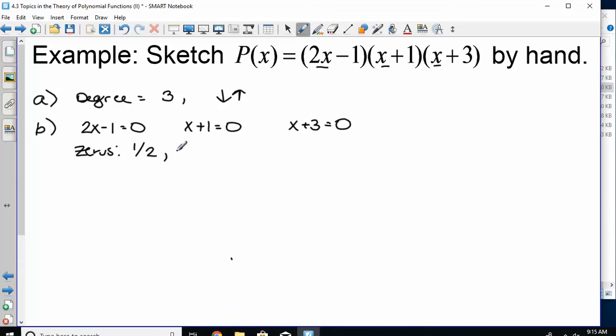If x plus 1 equals 0, you subtract your 1, you get -1. If x plus 3 equals 0, subtract your 3, and we get -3. None of those had an exponent, so we don't have to worry about our multiplicity. You only have to list it if it's something other than 1.